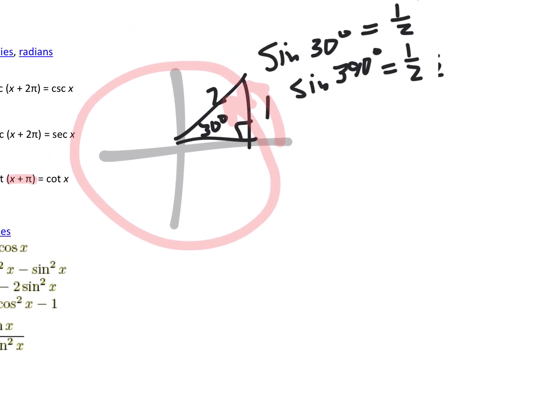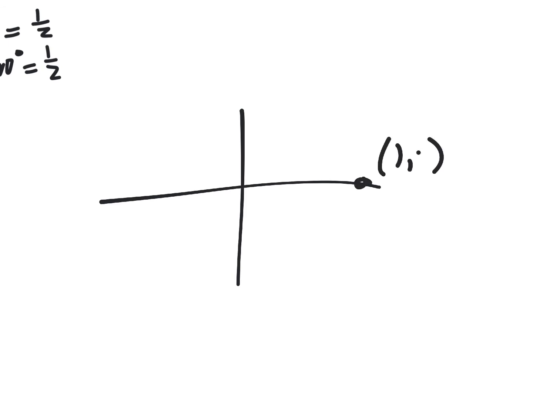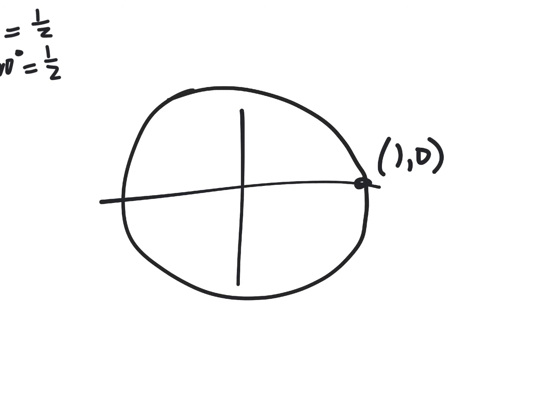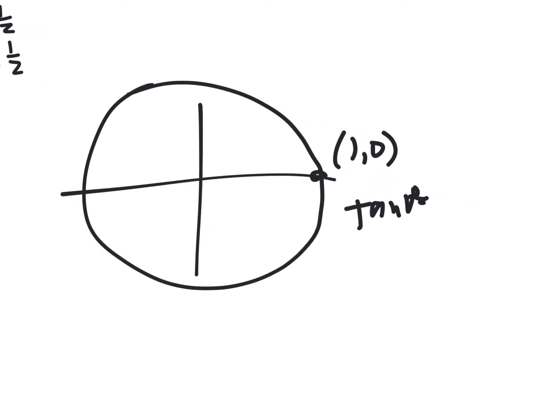All right, let's just do one like that. Let's say I had tangent at this spot. Would you agree that spot is (1, 0) if I'm on the unit circle? Make sense so far? What is the tangent at that spot then? 0 over 1, which equals 0. So tangent of 0 degrees is equal to 0.